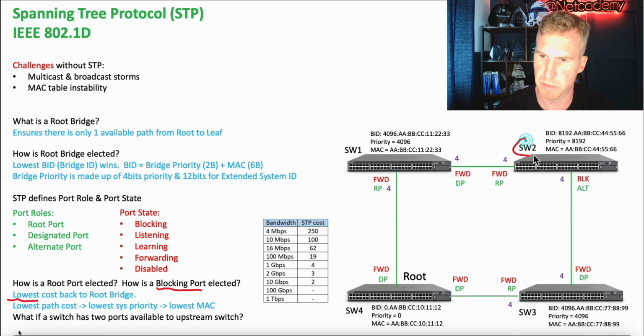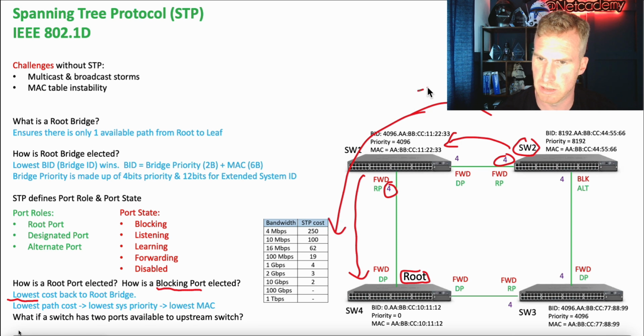From SW2's perspective, to get to that root bridge, to get across to SW1, that's going to cost me 4. But from SW1's perspective, to get to the root bridge, that's going to cost him 4. So therefore, I know that in this direction over here, it's going to cost me in total 8.